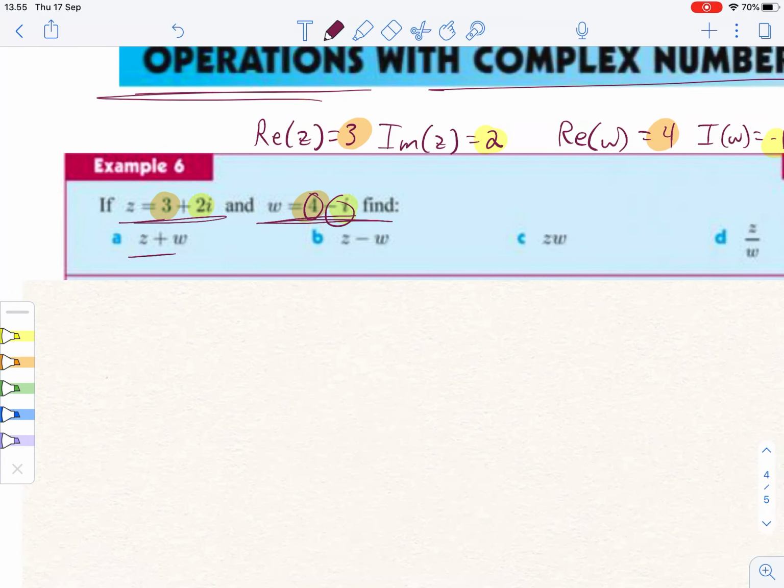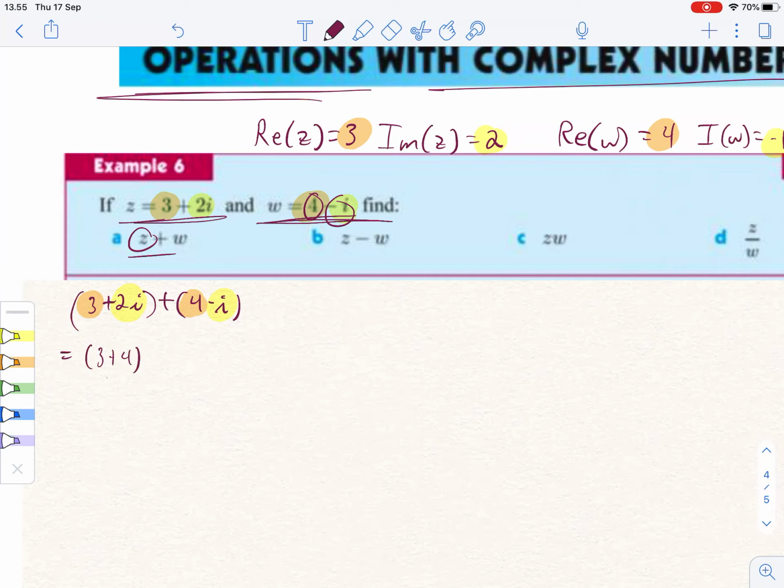All right, if I want to add these two together, I'm going to write z, so 3 plus 2i, which is z, plus, and I'm going to put parentheses around that, plus 4 minus i. And I'm going to add my real terms and add my imaginary terms.